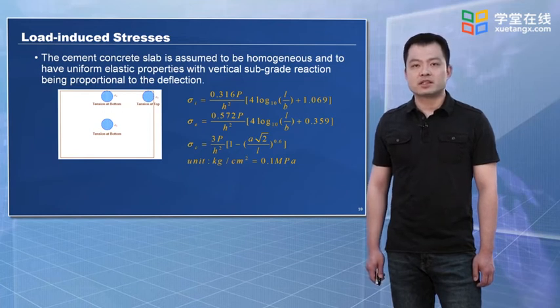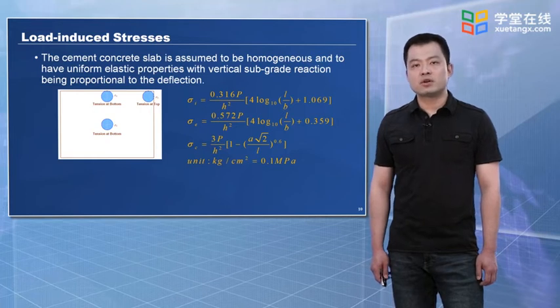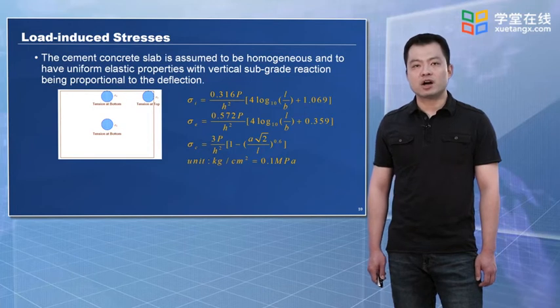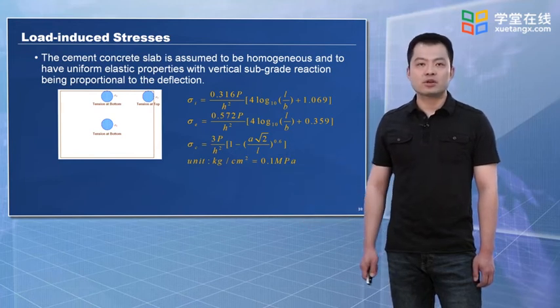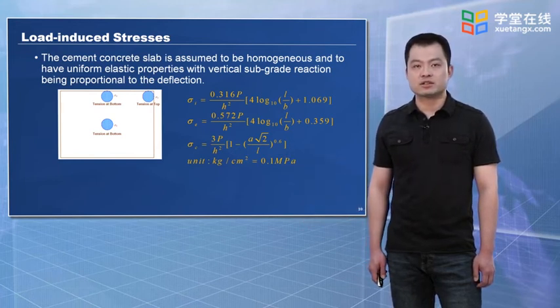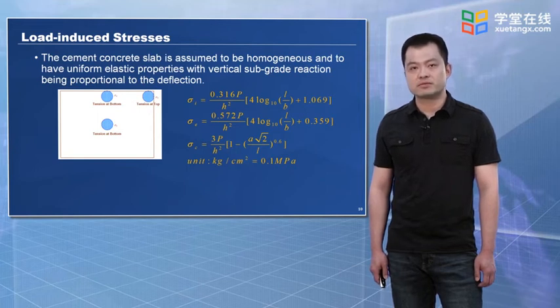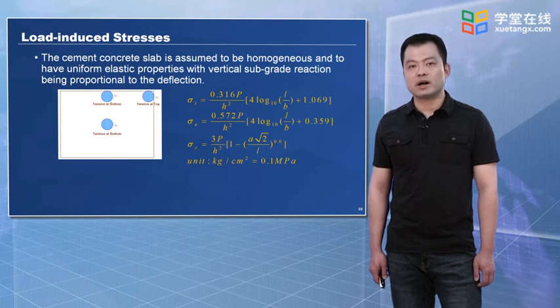Please be aware that in the center and on the edge of the slab, the bottom of slab is in tension. Meanwhile, at the corner, the top of slab is in tension. We use the three equations to calculate stress at the three locations respectively. These are simplified equations, and there are other versions of simplification. The calculated stress are in the unit of 0.1 megapascal.